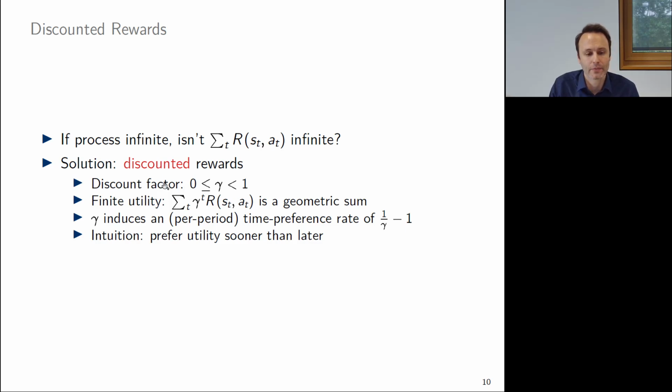So the sum of discounted rewards will then be something that gives you finite utility. And the gamma, the discount factor, actually induces a per period time preference rate of 1 over gamma minus 1. So that's a measure of how much you value future profits or rewards versus rewards today.